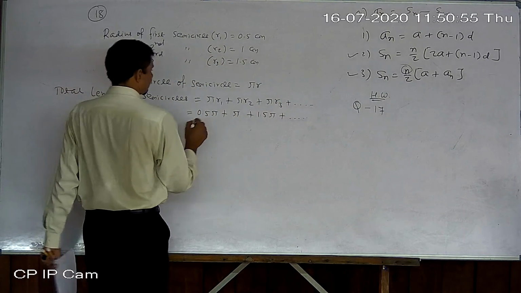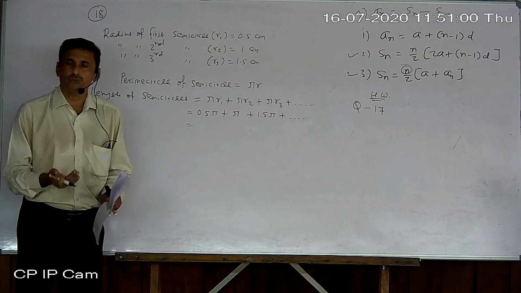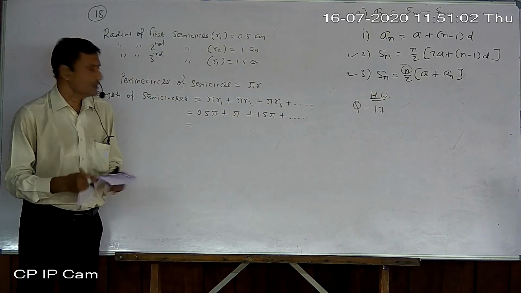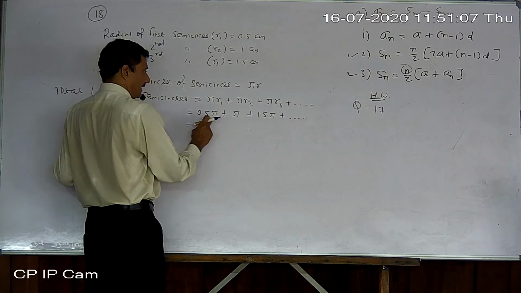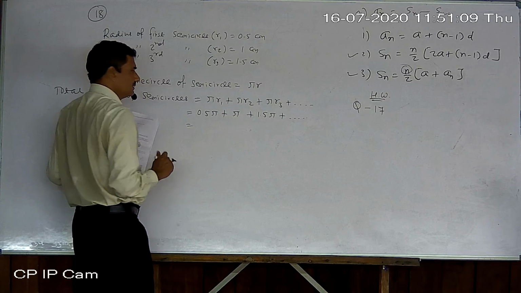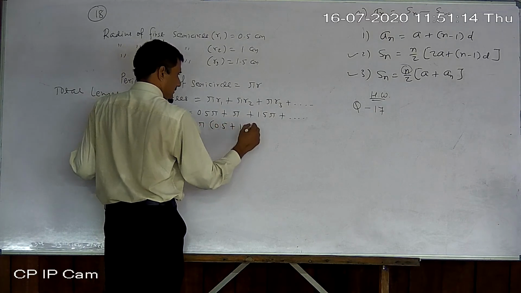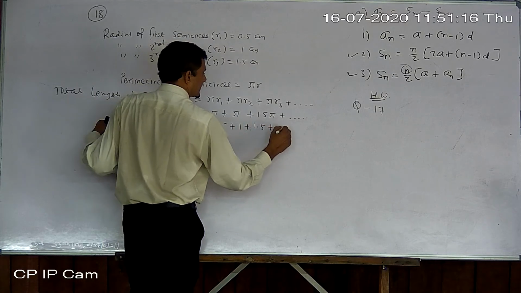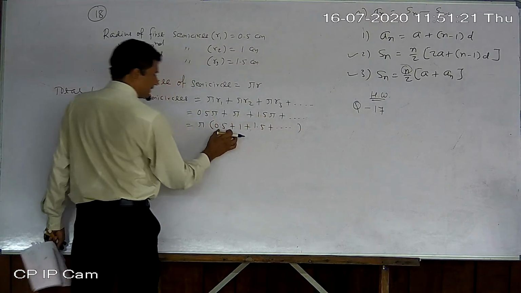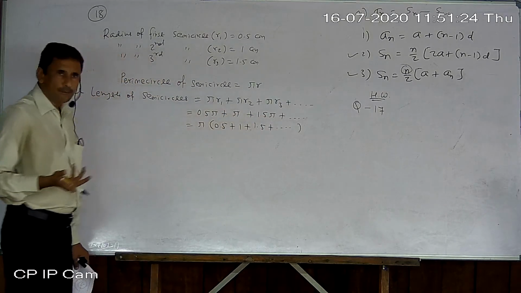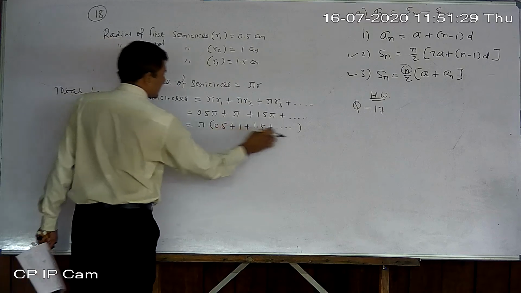Now take pi common. Without taking pi common you can also get the answer, but if we take pi common, it will be quite easier. So now pi is common: 0.5 plus 1 plus 1.5, like this. Now inside the bracket is nothing but an AP. The radii are also an AP. Now pi is taken out, and these are nothing but the radii.